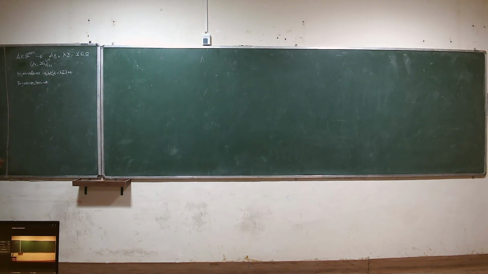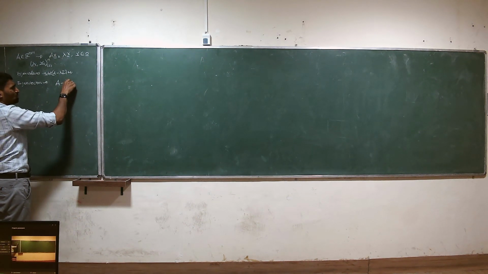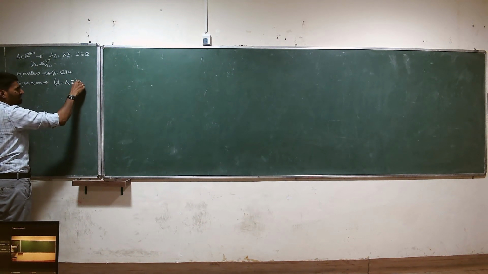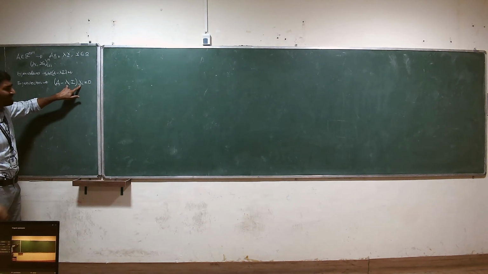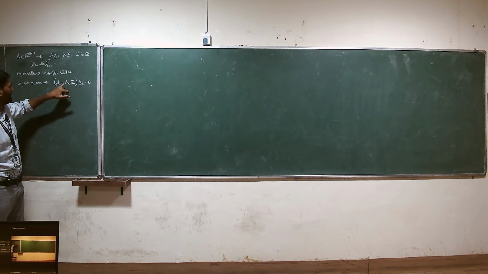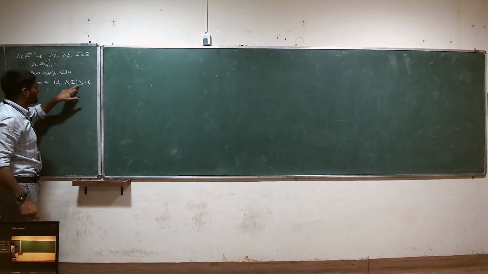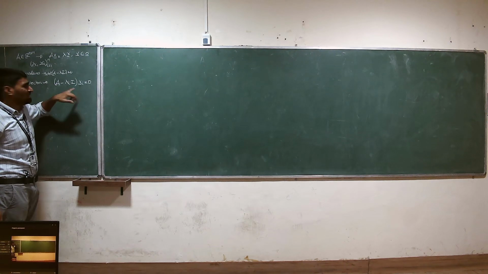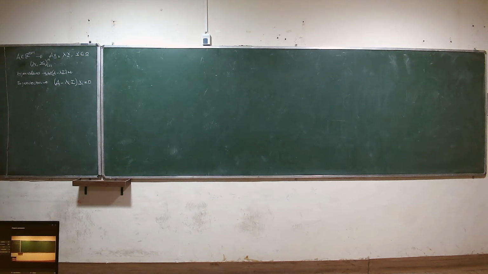How do you do that? You choose any eigenvalue for which you want to find the corresponding eigenvector, and those two will satisfy this relationship: A minus lambda I, the identity matrix, multiplied by the corresponding eigenvector will be 0. So essentially, you have to find the null space for this eigenvalue.